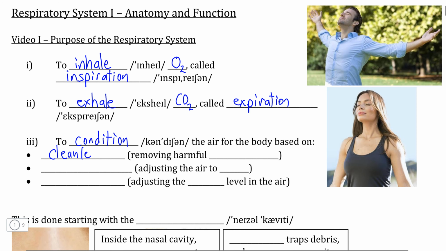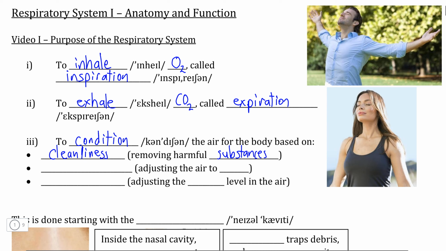Now, common sense dictates that not 100% of all of the substances in air are completely clean, for example, pollution. And when your respiratory system conditions the air, improving its cleanliness, its job is to remove any harmful substances, particularly harmful particles that are larger than gas molecules, and preventing them from accumulating inside of the lungs.